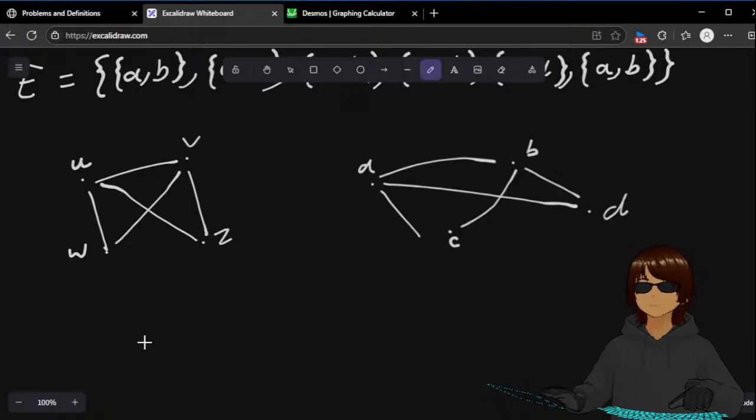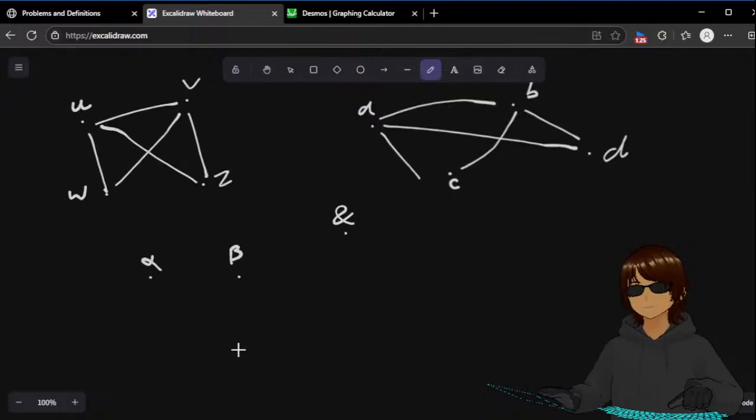So we have this graph. So if we have something like alpha, beta, delta is like this, right? And then let's say epsilon.